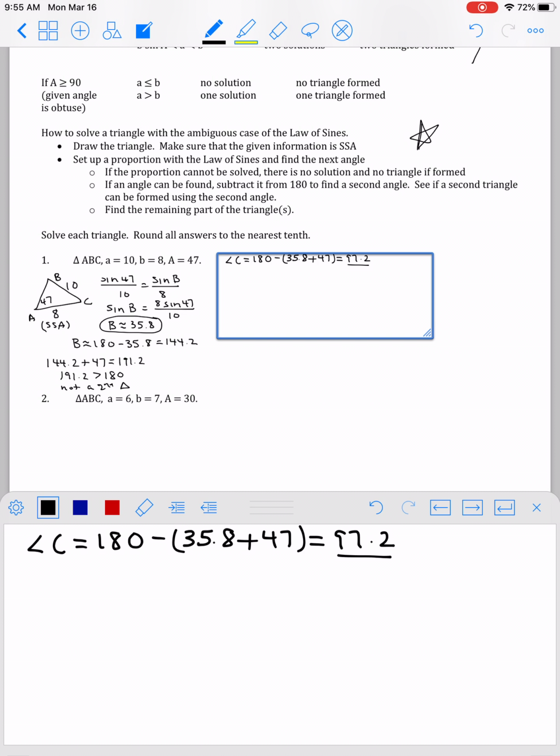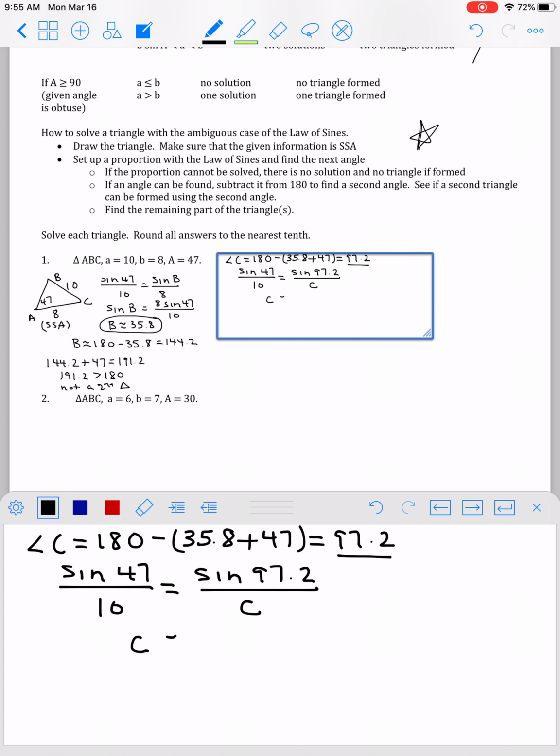And then now we can use the law of sines again. Sine 47 over 10 equals sine 97.2 for C over little c, that's the side that's missing.